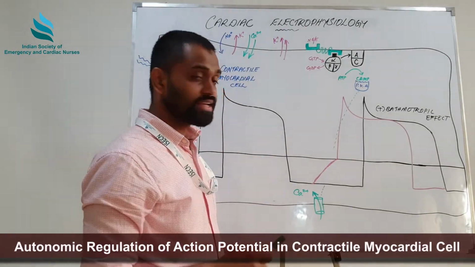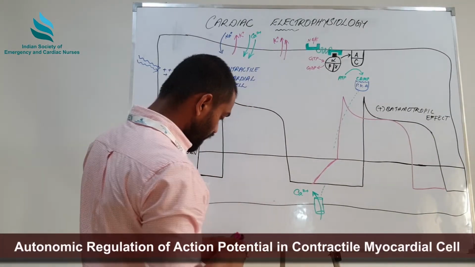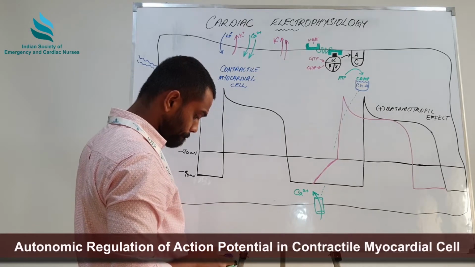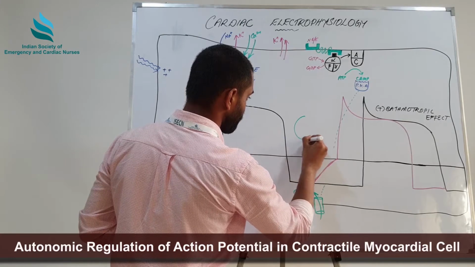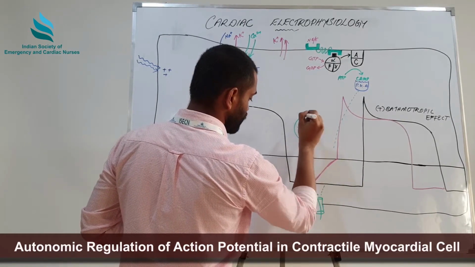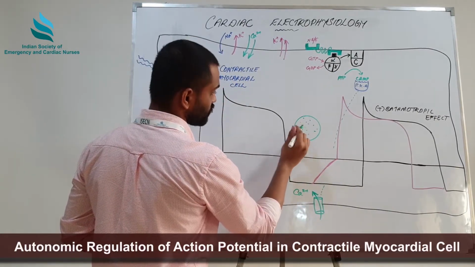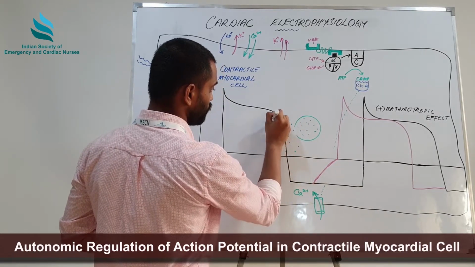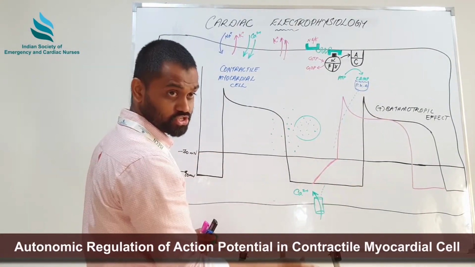So similarly, the second effect of this influx of calcium is that we have stores of sarcoplasmic reticulum here, which is huge stores of calcium. With the influx of calcium, the sarcoplasmic reticulum is stimulated to release this extra calcium into the cytosol. So the cell is now loaded with more and more cations.